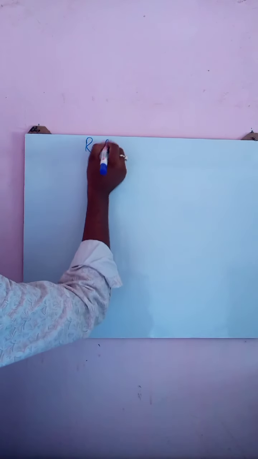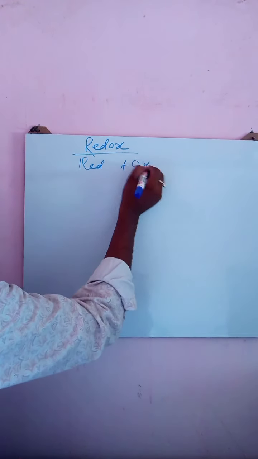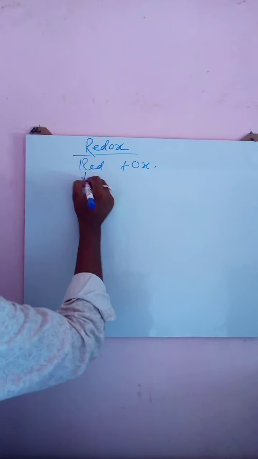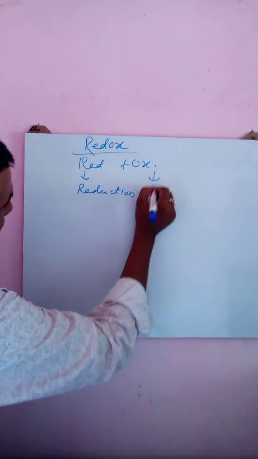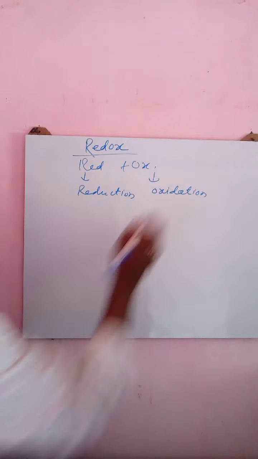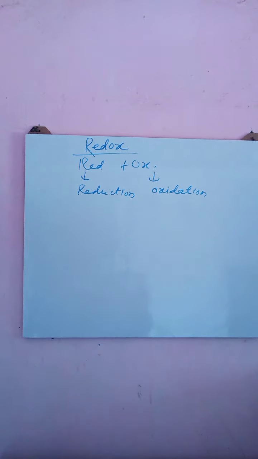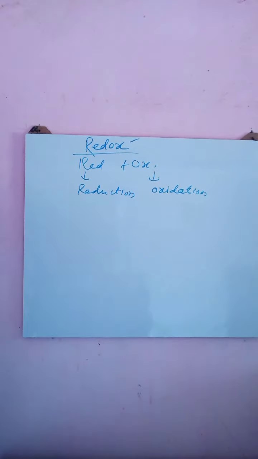Now come to redox reaction. Redox consists of red plus ox. Red means reduction, ox means oxidation. A chemical reaction which involves simultaneously oxidation and reduction is known as redox reaction. What I told: redox consists of red plus ox, red means reduction, ox means oxidation.